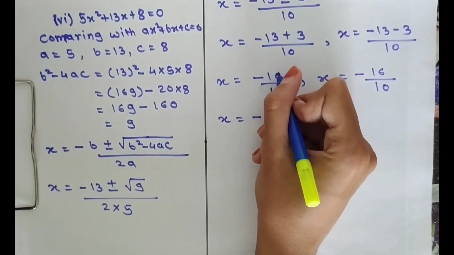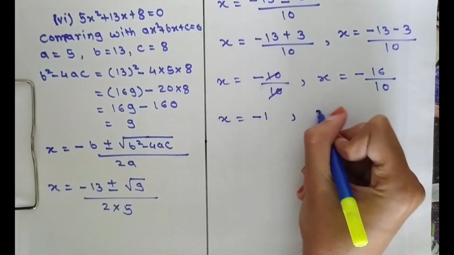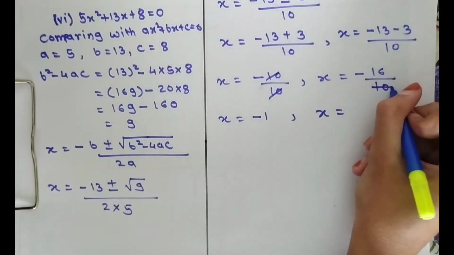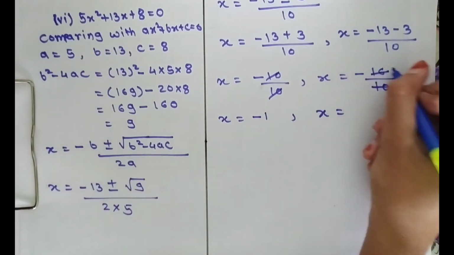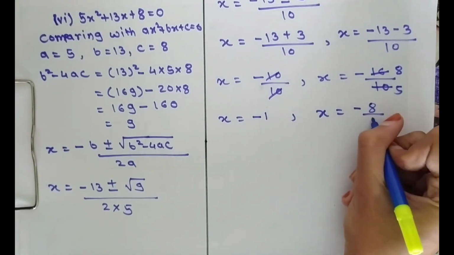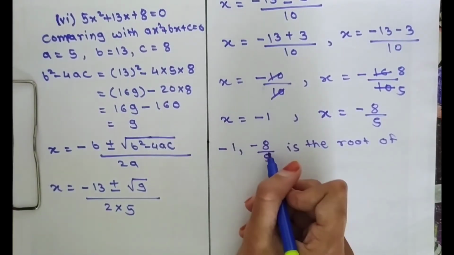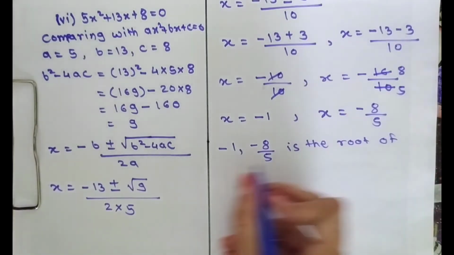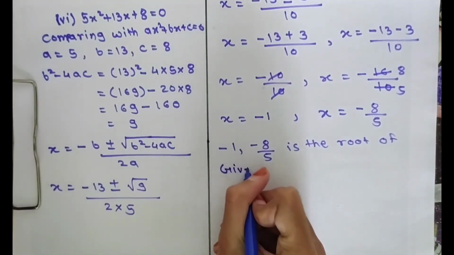Therefore x is equal to minus 1 and x is equal to, 2 fives are 10, 2 eights are 16, minus 8 upon 5. Minus 1 and minus 8 upon 5 are the roots of the given quadratic equation.